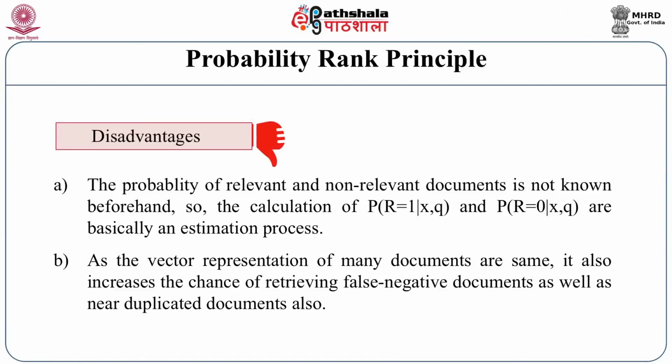It is assumed that after giving multiple queries, the whole system will try to stabilize, to understand or to indicate the ideal answer set only. So at first, it is basically an estimation process.